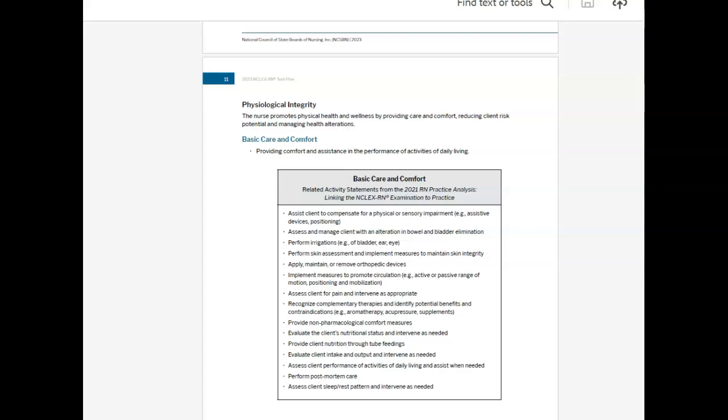These are the kinds of categories that techs could do. So this is where you're going to find the things that they can do. A tech can do anything that doesn't require assessment, development of a care plan of any kind, education, or medication.